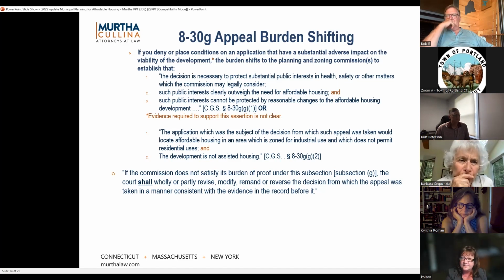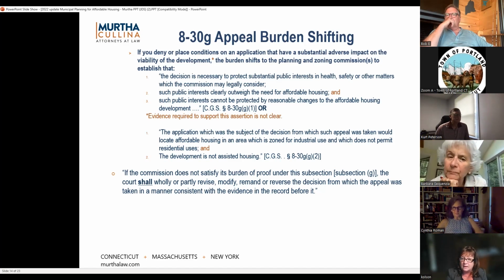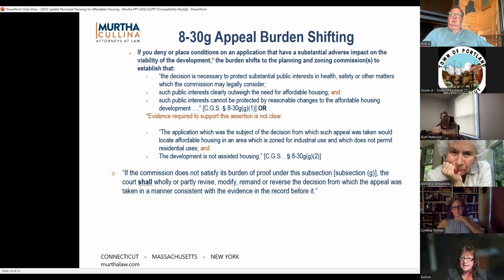And I'm going to tell you, I've been in cases where when the court reverses it, if they feel that the commission basically denied the application because they just didn't want affordable units in their town, when they have reversed it, they haven't even given you the chance to go back and put reasonable conditions or reassess. There have been instances where they have said, you are to grant as applied for.